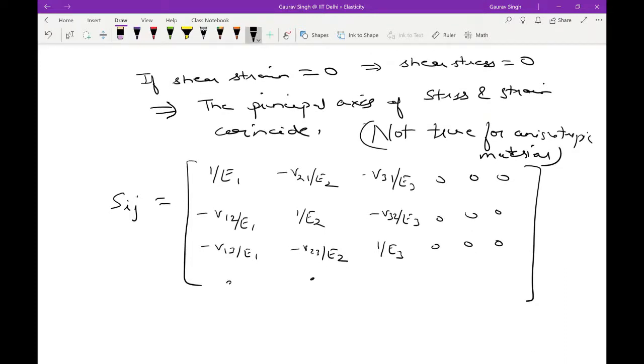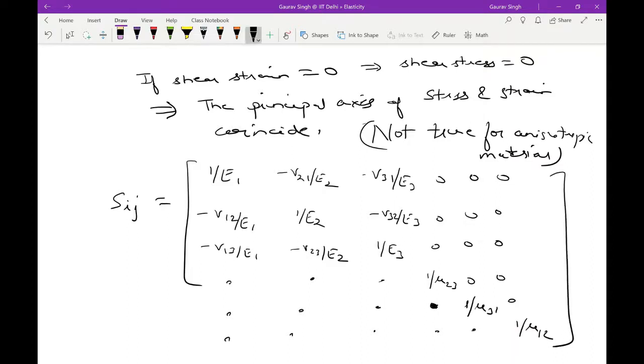Again, symmetric terms. Sorry. So this is dot, 1 by mu 31, 0, 1 by mu 12. Okay.